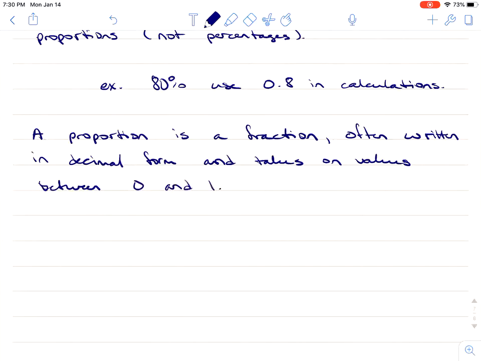Between 0 and 100%. So that's just some terminology and just kind of the ins and outs.